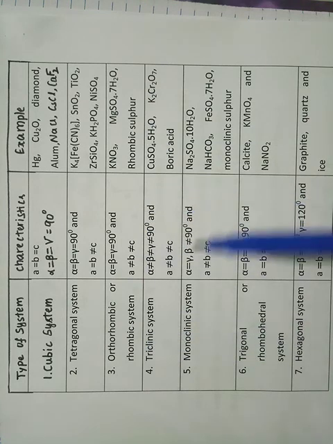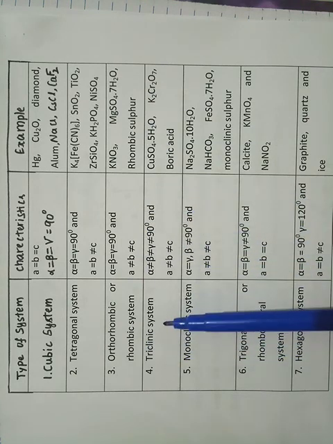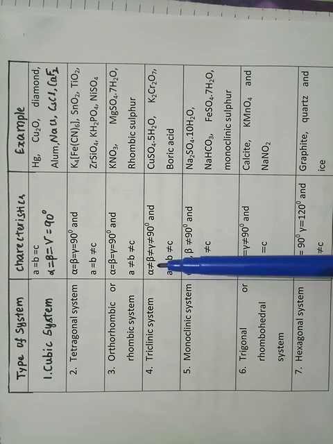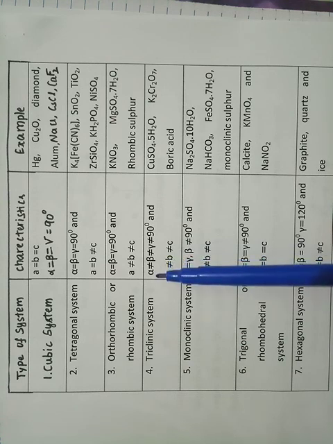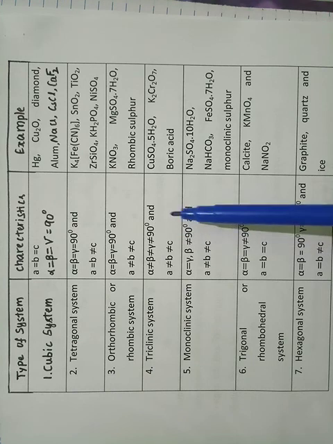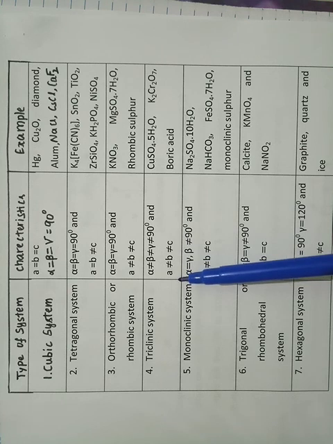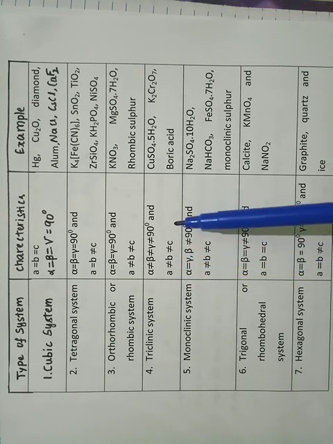So that is orthorhombic. In the triclinic system, all the angles between the axes are not equal to 90 degrees, and all three intercepts do not have the same length. That is, a is not equal to b, b is not equal to c.